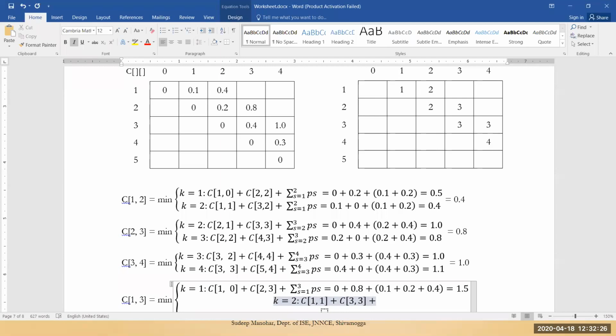Plus the sigma equation. I'll copy this. So it is 3 from 1 to 3.